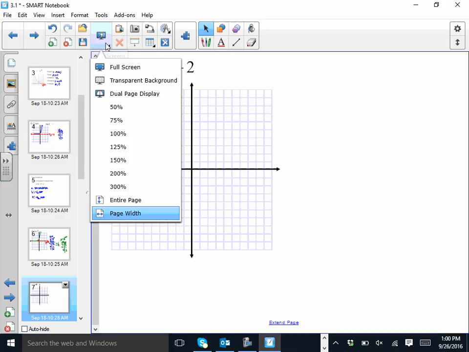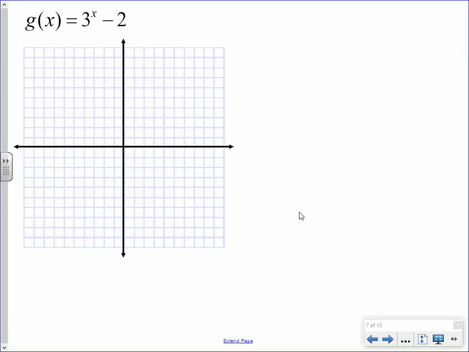All right. Let's go ahead and talk about this example. That -2, what is the -2 doing to our parent function, Henry? Shifting it down. Okay. So this is a shift down 2.